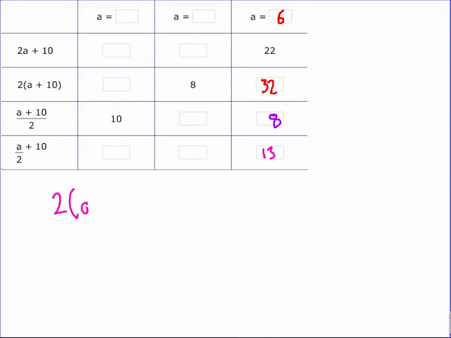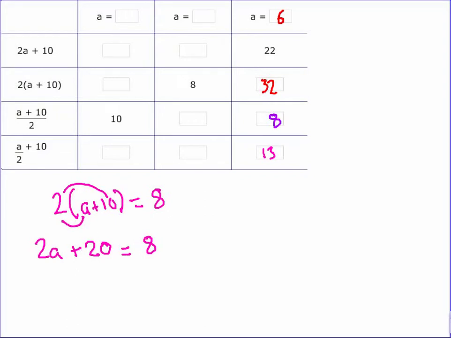This isn't the only method to solve it, but to keep it simple we'll stay with this one. So I have 2A plus 20 equals 8, so I need to take away 20 from both sides, and I get 2A equals minus 12.